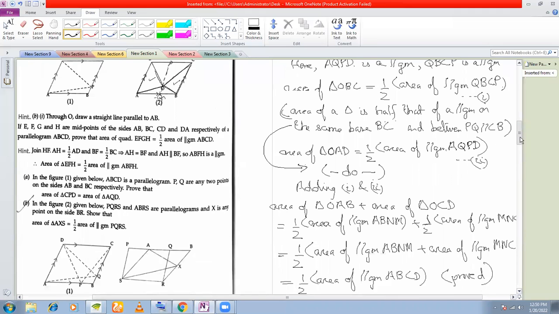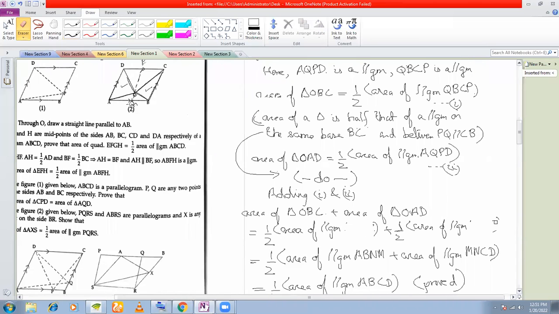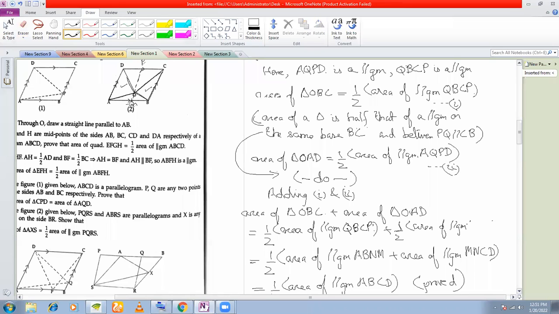Now adding 1 and 2, what do you get? Area of triangle OBC plus area of triangle OAD is equal to half the area of what parallelograms? QBCP plus AQPD, right?